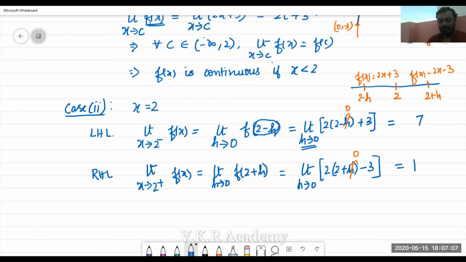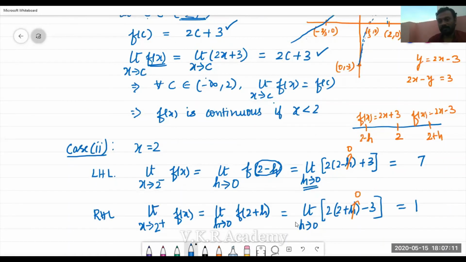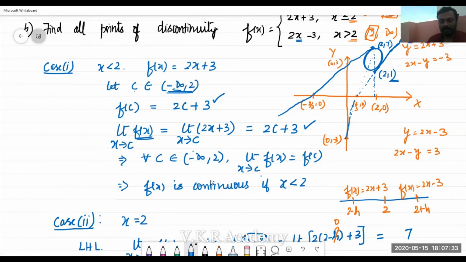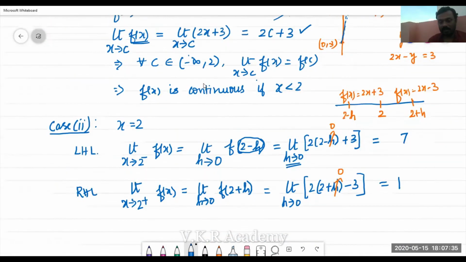That means this is what we also saw in the graph of the function. The left hand side graph is 2x plus 3. From this it moves on and stops at the point y is equal to 7, that is 2 comma 7. And the right hand side graph starts from y is equal to 1. It is from the point 2 comma 1, it keeps on increasing along the path 2x minus 3.